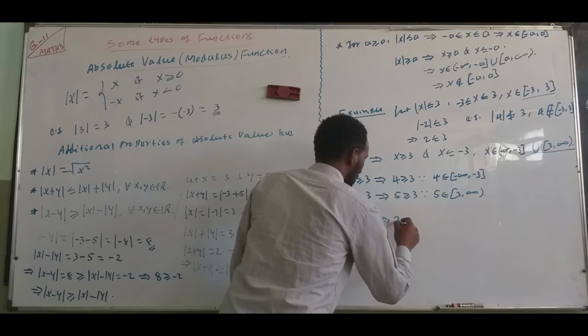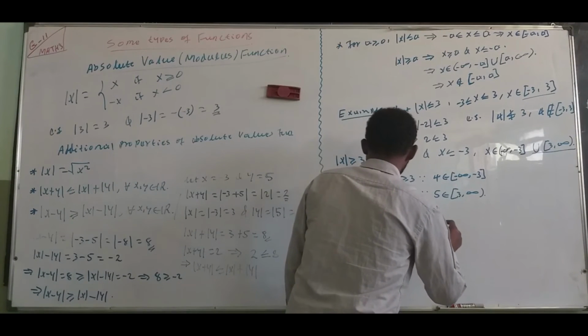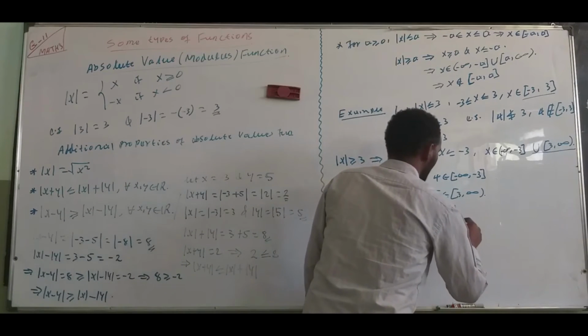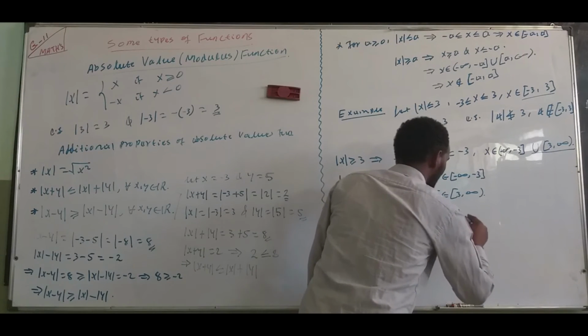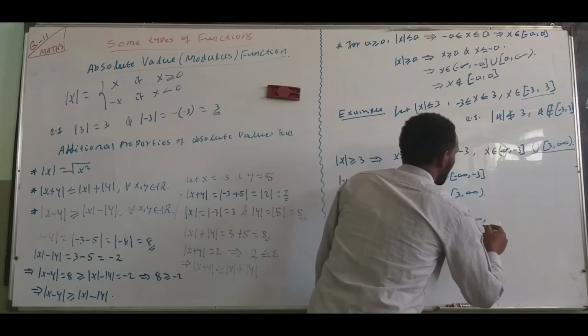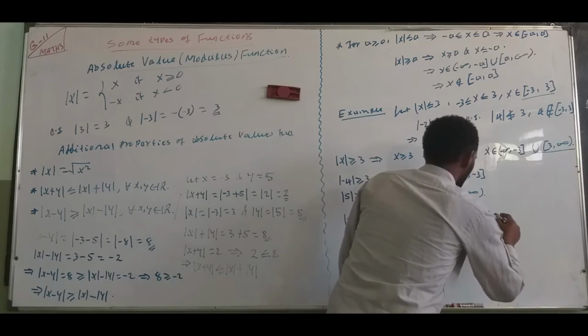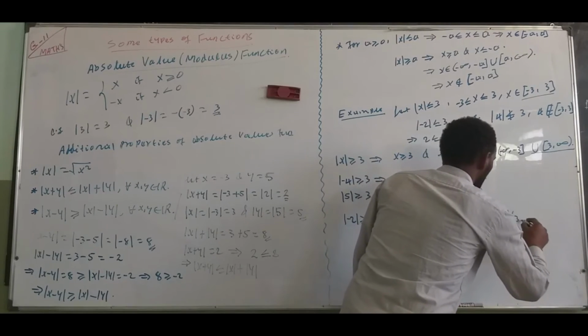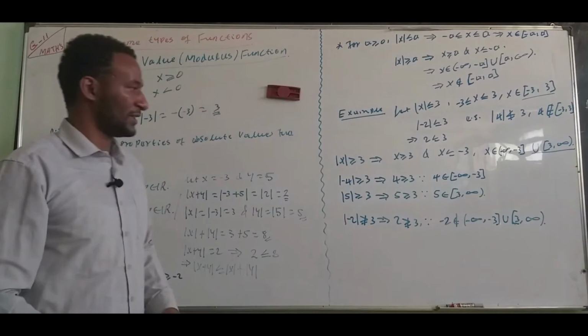This implies that 2 is not greater than 3, because negative 2 is not an element of negative infinity to negative 3 union 3 to positive infinity.